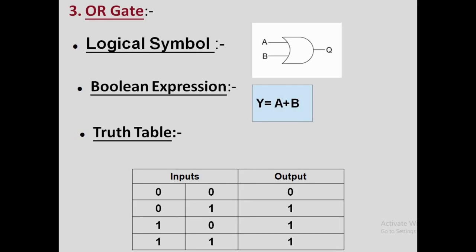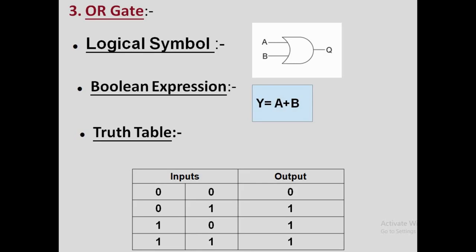Logical expression: Y is equal to A plus B, because the OR gate is a logical addition. So a plus sign is present between A and B, that means in between the inputs. Next is the truth table for the OR gate. If all inputs are 0, then and only then the output of the OR gate is 0.